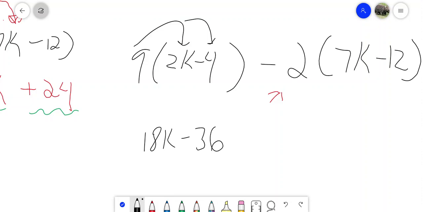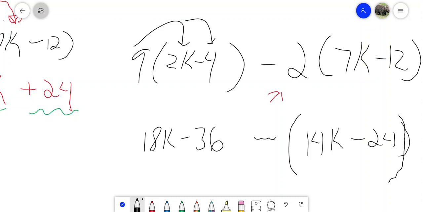Now watch carefully. I'm going to put the minus sign. And now I'm going to put in parentheses my distribution. I'm going to distribute this 2. I'm going to say positive 2 times positive 7k is 14k. And positive 2 times negative 12 is negative 24. Looks a little bit different because I still have this negative sign right here that I need to distribute.